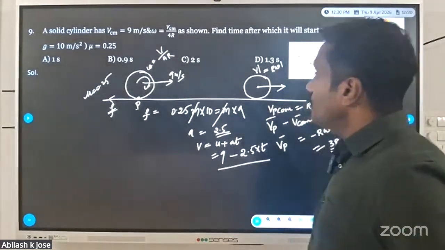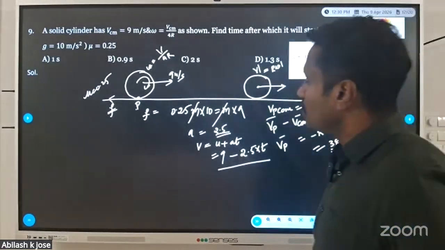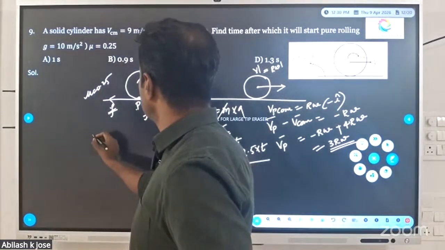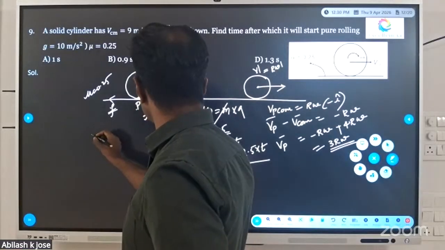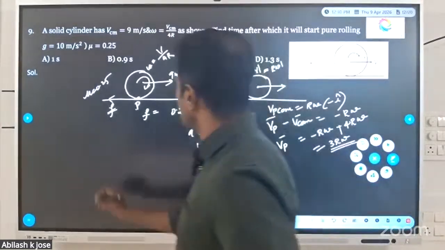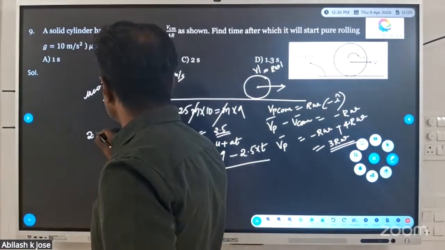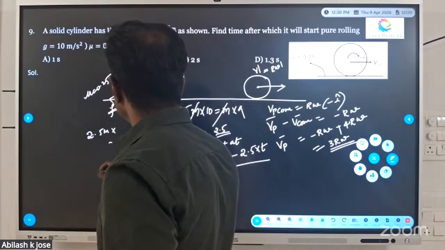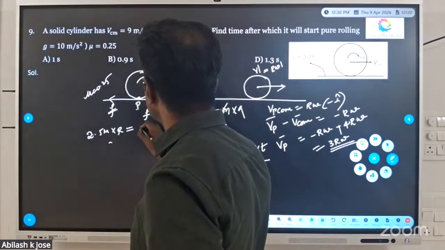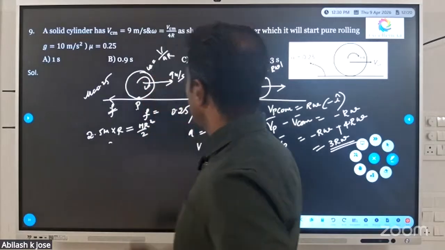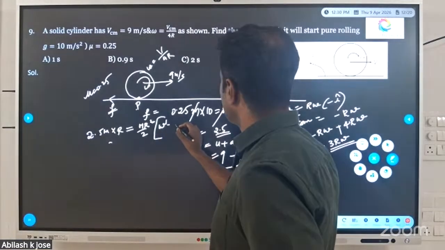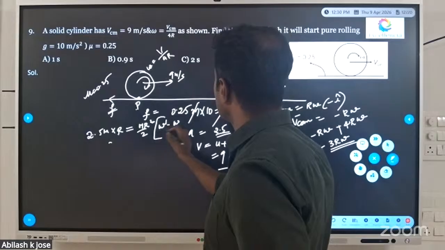Alright. Now we'll write the torque equation. Torque equation is very common. So here the torque is due to the friction, which we already have. So it is 2.5 into R is equal to I alpha, where alpha is omega dash divided by t.